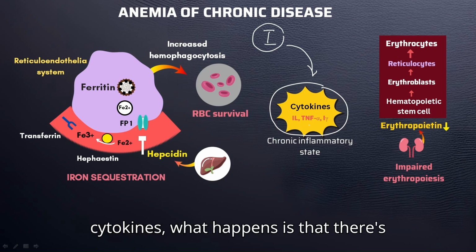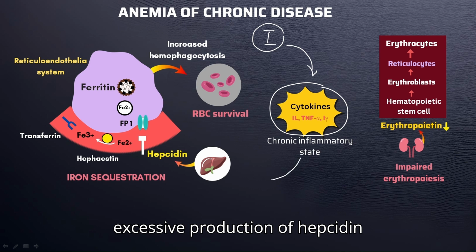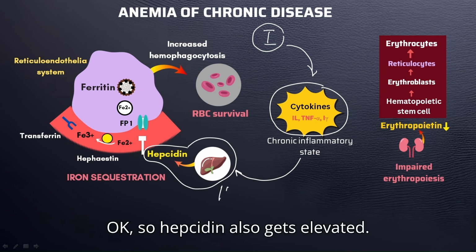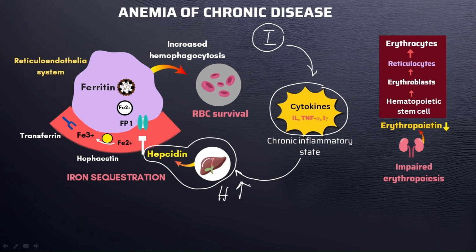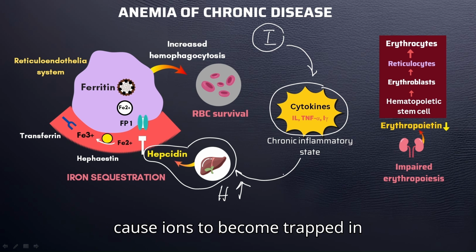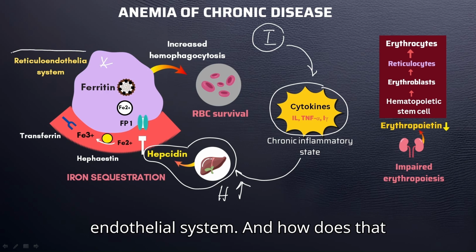Now, once we have these cytokines, there's going to be a cascade of events that could ultimately result in the excessive production of hepcidin by the liver. So hepcidin also gets elevated. Now, this heightened hepcidin level will cause iron to become trapped in here, that is the reticuloendothelial system.